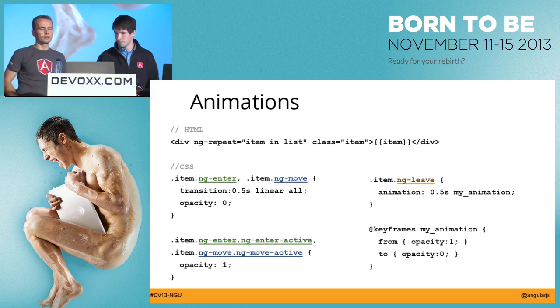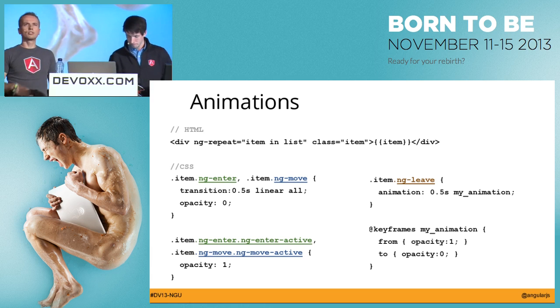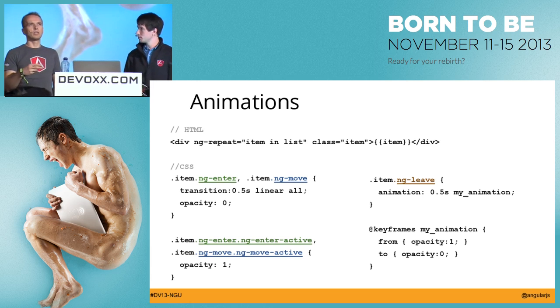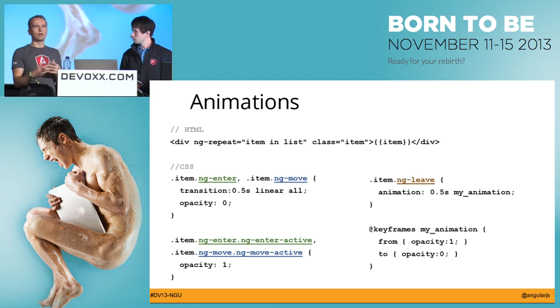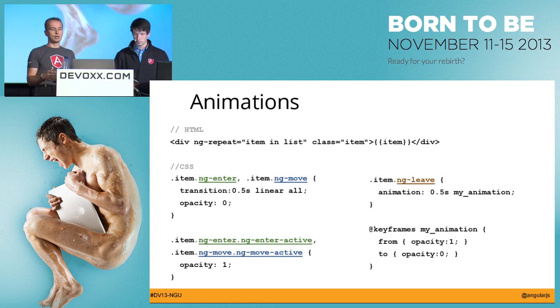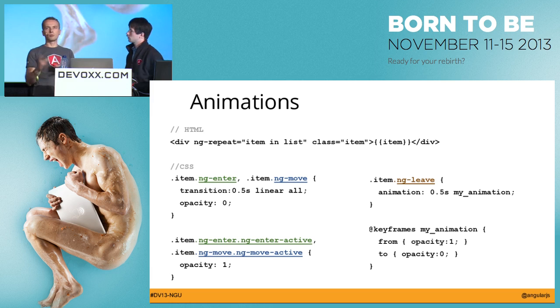Another interesting thing about this is that you don't actually specify in any way how long Angular has to wait until the end transition is done, except for the styling. We look at the styles that you apply to classes to know when the animation or transition is done, and when we need to remove elements from the DOM and do cleanup.